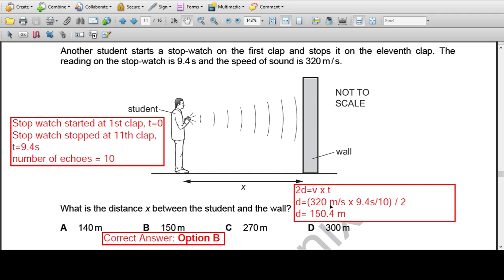So v is 320 meters per second, time is 9.4 seconds, and the number of echoes is 10. Dividing by 2, we obtain the distance x as 150.4 meters. So option B is correct.